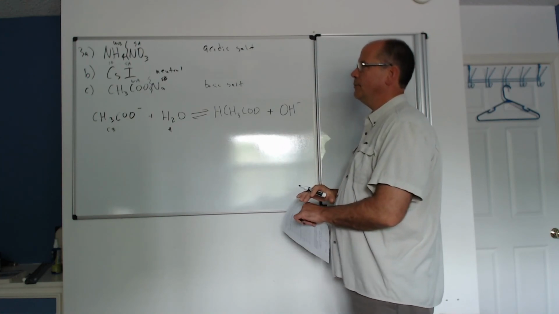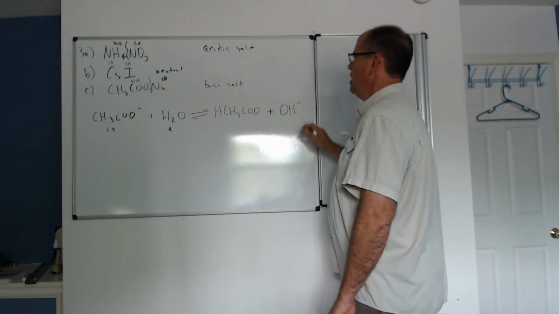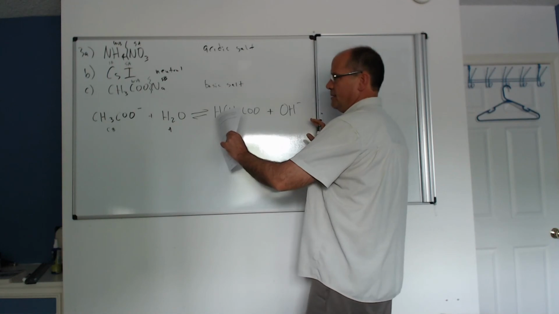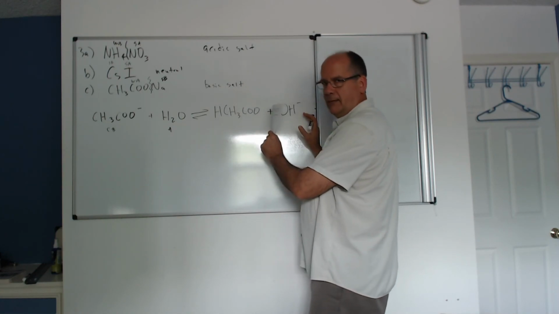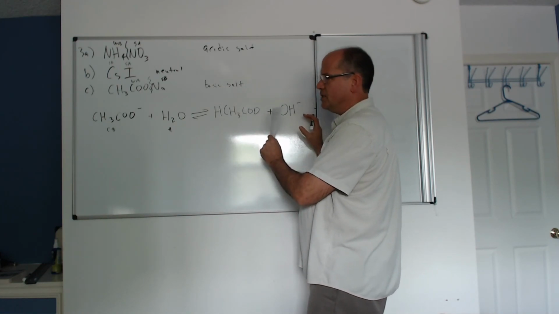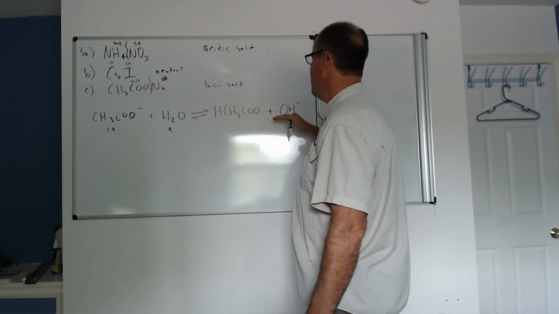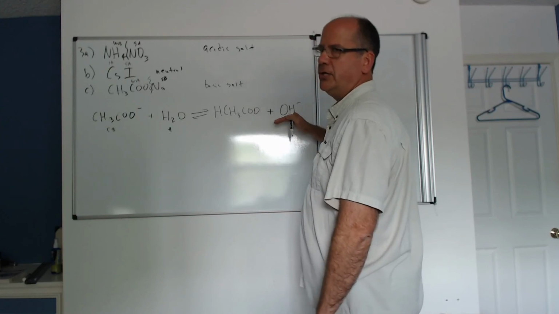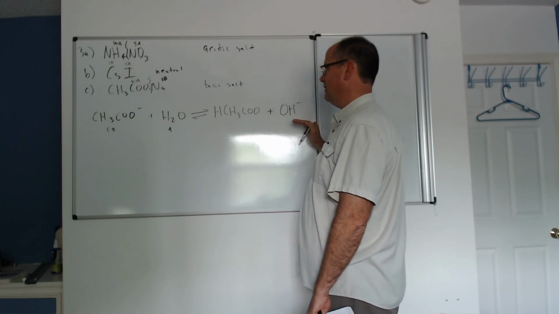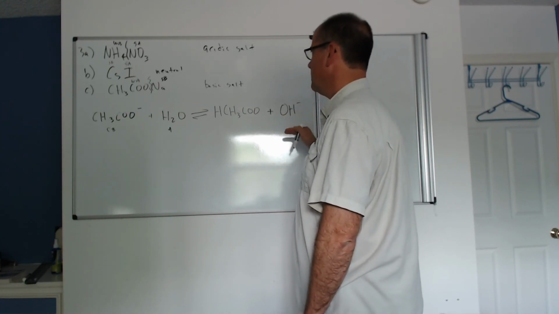Now this is what I said at the beginning. When you're doing these, if you see hydronium over here, H3O+, you know that's going to be acidic. But if you see hydroxide over here, you know that's going to be basic.